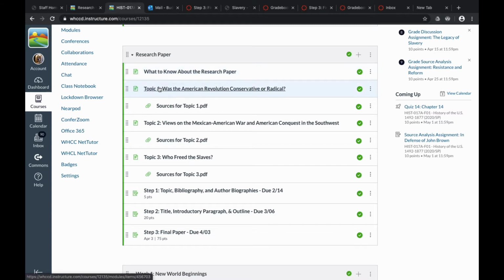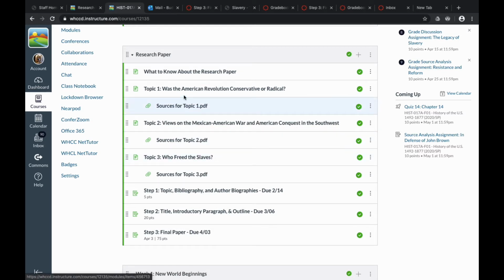Then we have 3 different topics that I've given you to choose from, and you need to choose one. Which one you choose is completely up to you. Choose whatever interests you the most, because there's going to be a lot of reading involved, so you want to have some level of interest in one of these 3 topics.